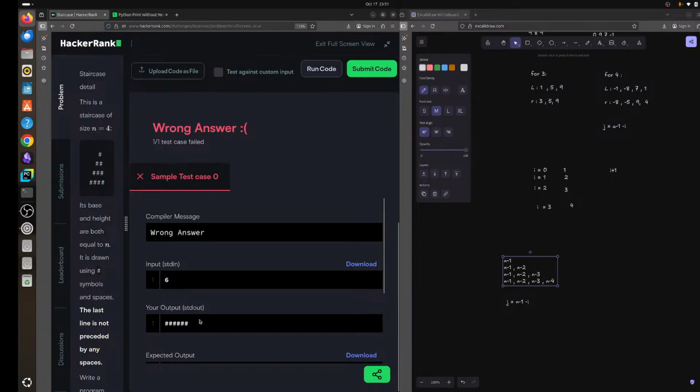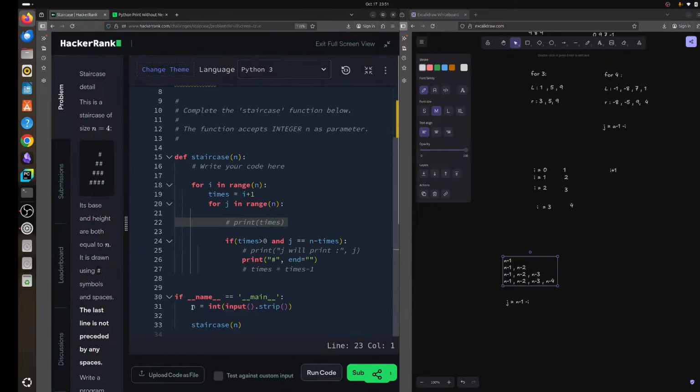Oh, everything is printing in one line. Okay. No, no, sorry, sorry.